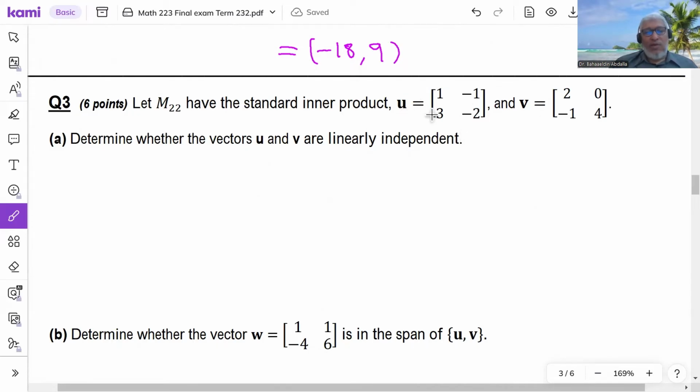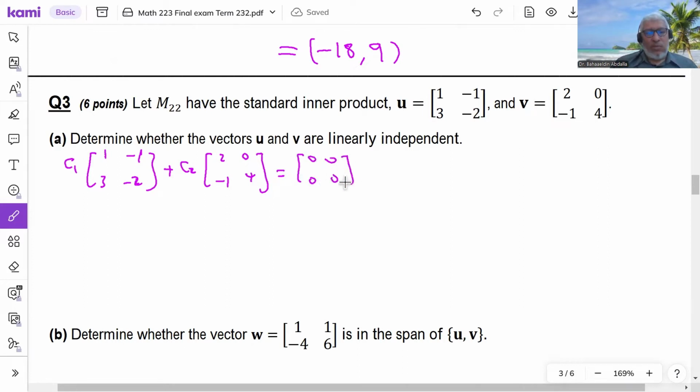Well, u and v will be linearly independent if c1 times u plus c2 times v equals 0, 0, 0 has a unique solution, which is c1 = 0 and c2 = 0.